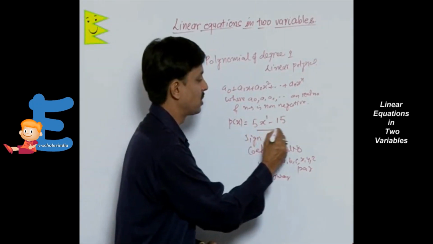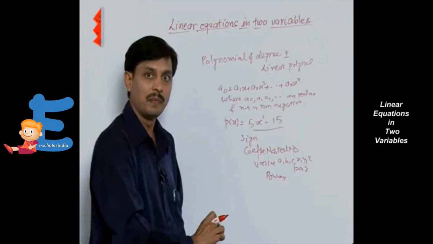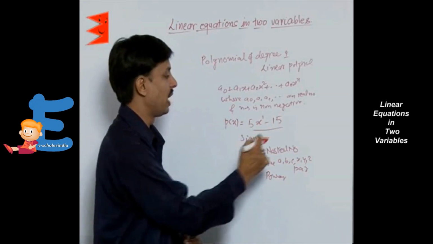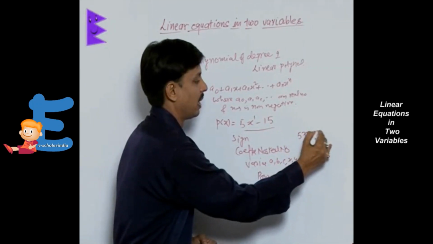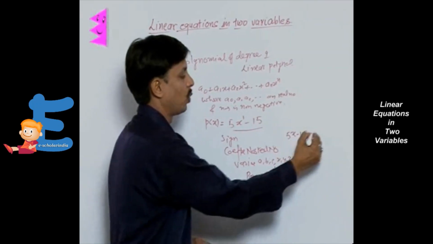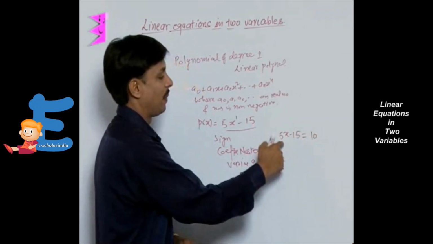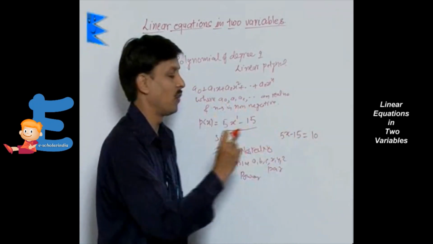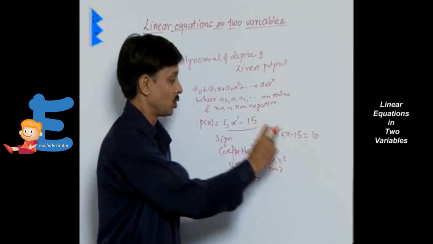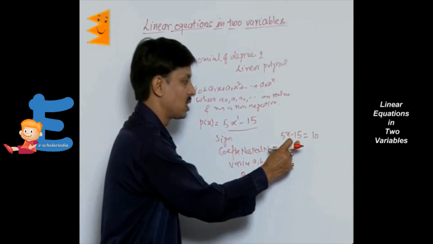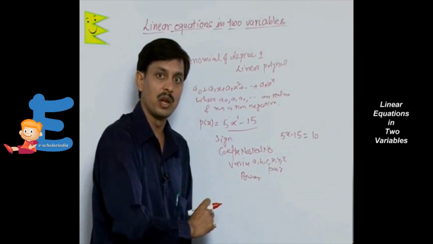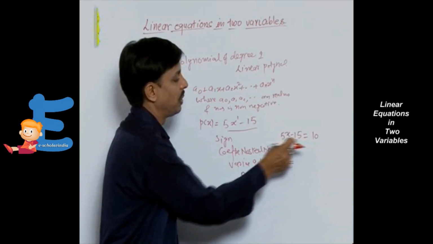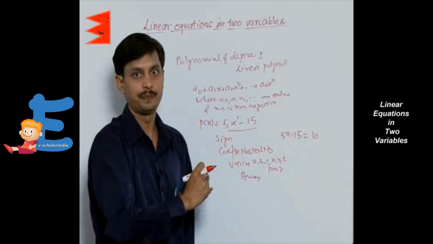Suppose I want the value of 5x minus 15 to be 10. So 5x minus 15 was the linear polynomial, and when it is equated to some particular real value, it has become a linear equation.